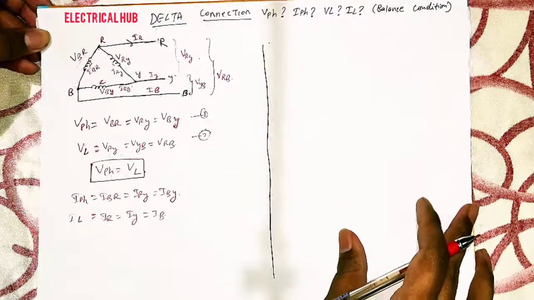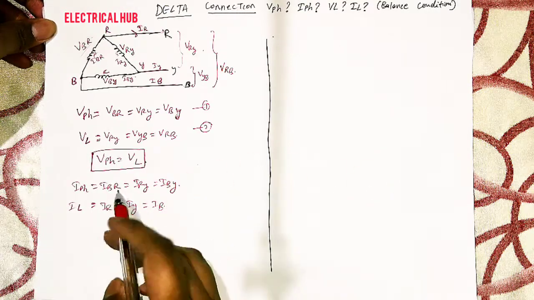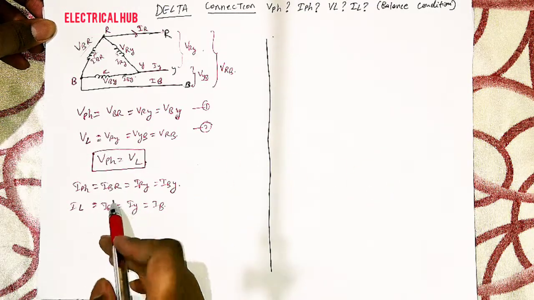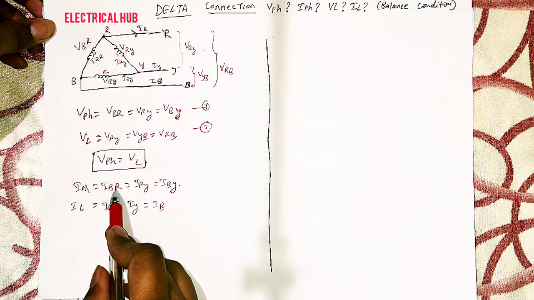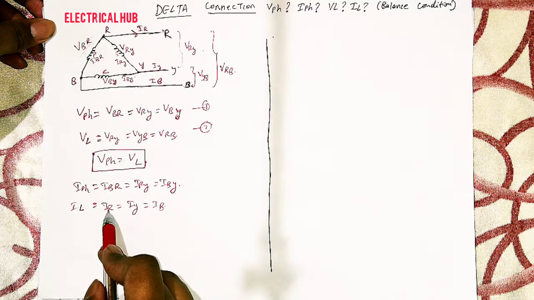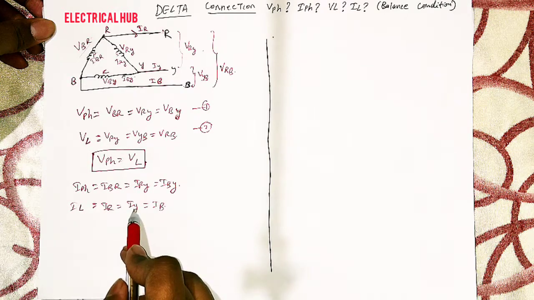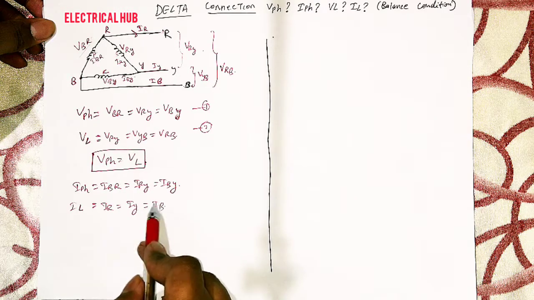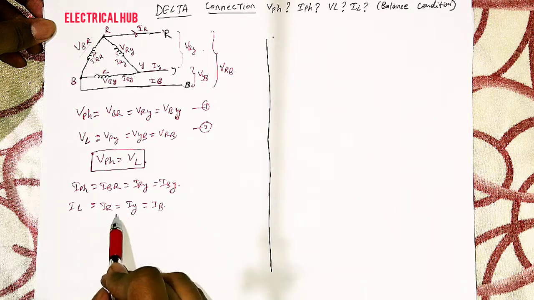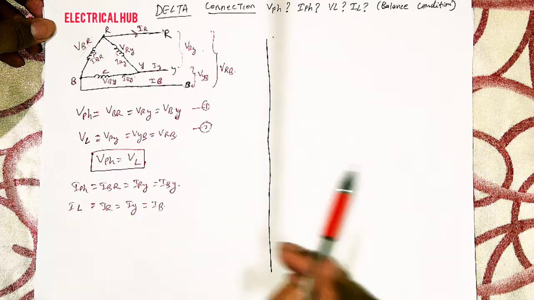Alright, so now we have got the values of IPH and IL, and we can see that these are not equal to each other. This term IBR has two parts, B and R, and here only a single term IR; similarly IRY, and here only IY; and IBY, and here only IB. This means the line current has only single components and the phase current has two components in each term.